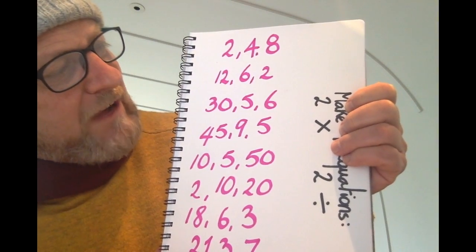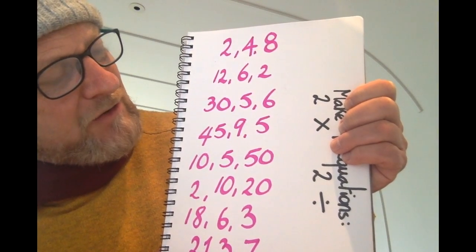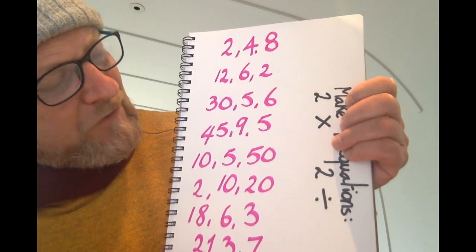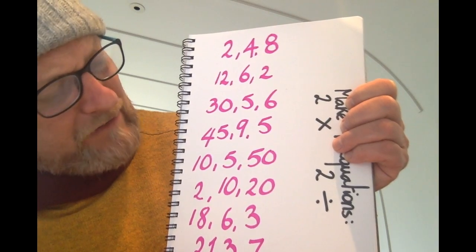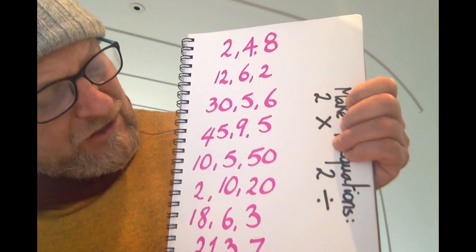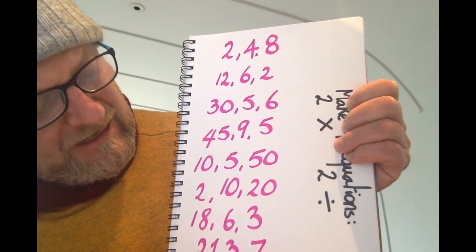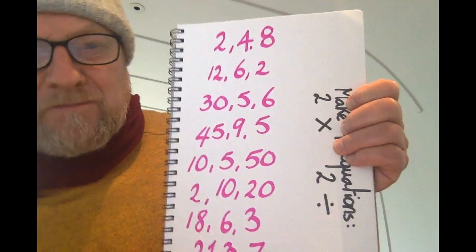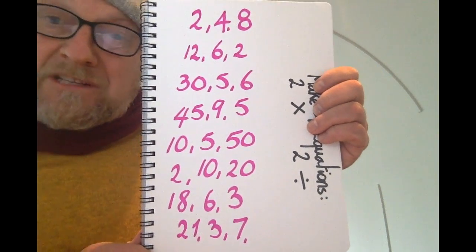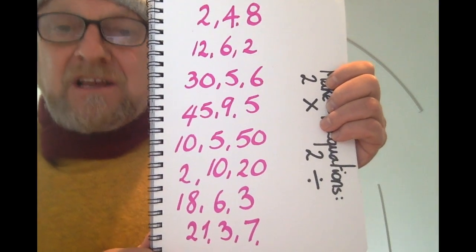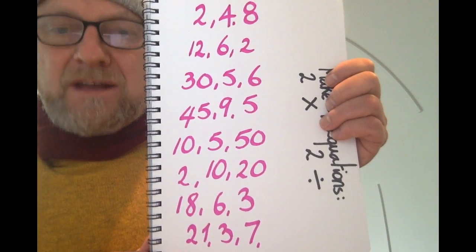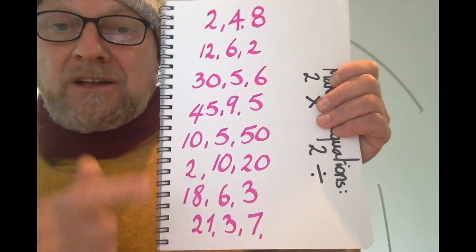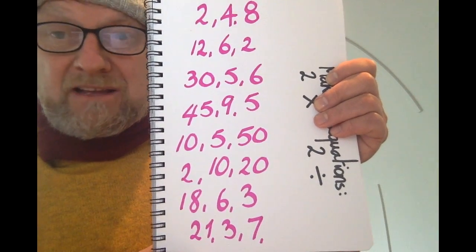So 2, 4, 8; 12, 6, 2; 35, 6, 45; 9, 5, 10; 5, 50, 2; 10, 20, 18; 6, 3, and 21; 3, 7. So can you make 2 multiplications and 2 divisions from these 3 sets of numbers? Now just remember, all you need are the numbers to make the equations.